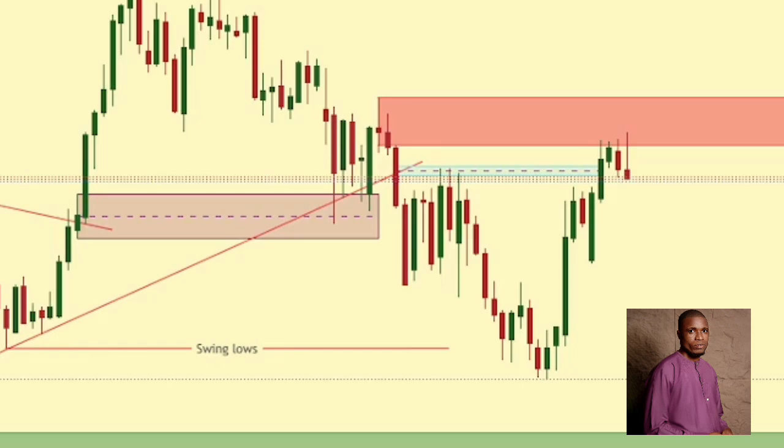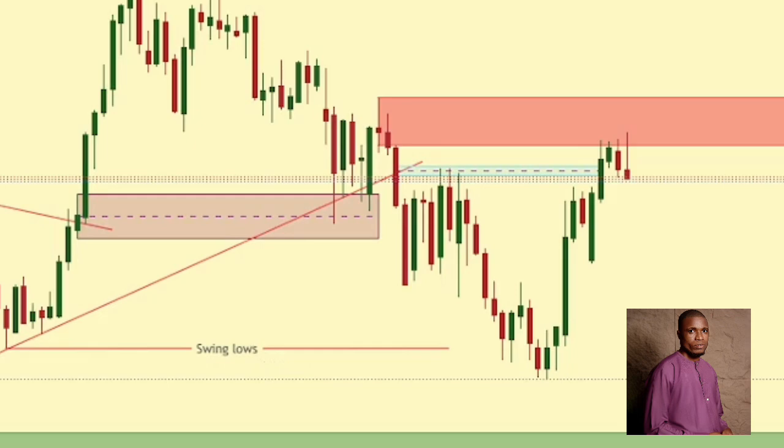First, it broke the trend line. Secondly, it removed a previous demand zone. Thirdly, it broke structure to the downside.